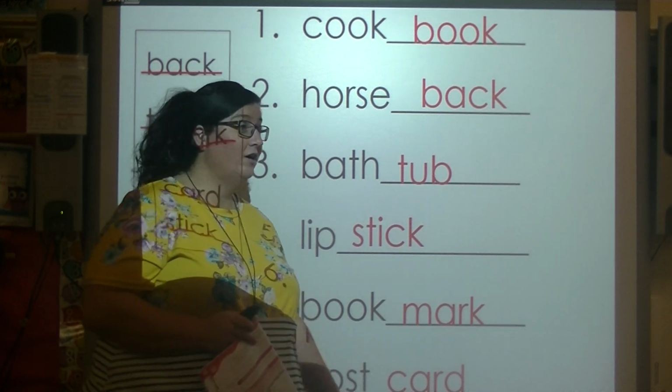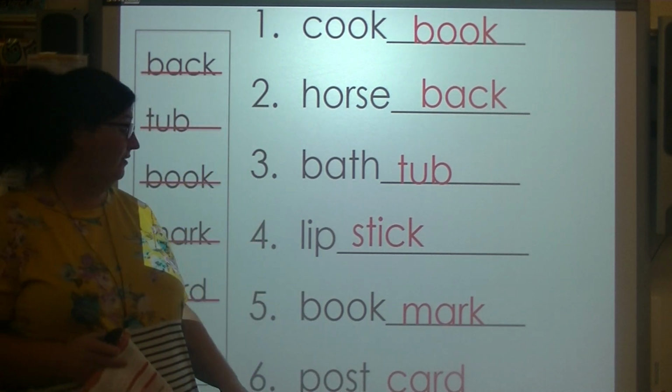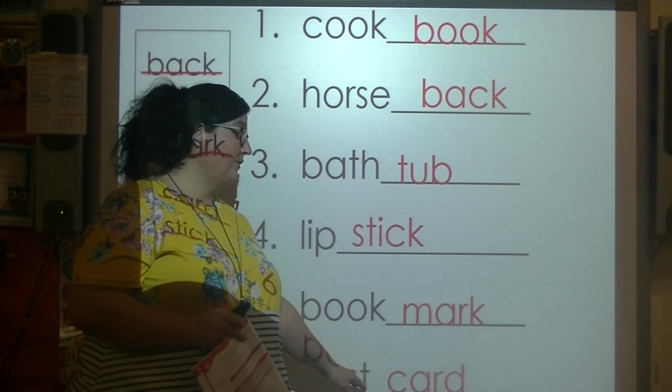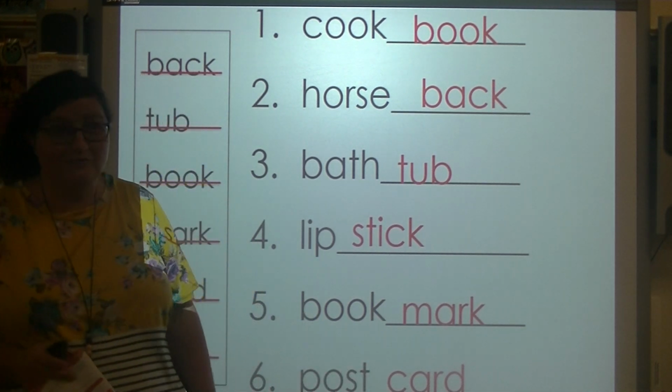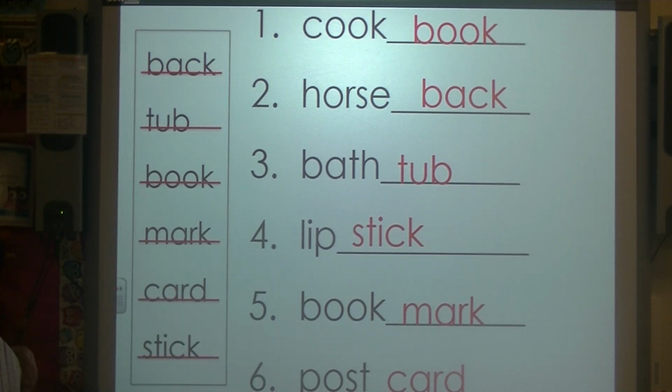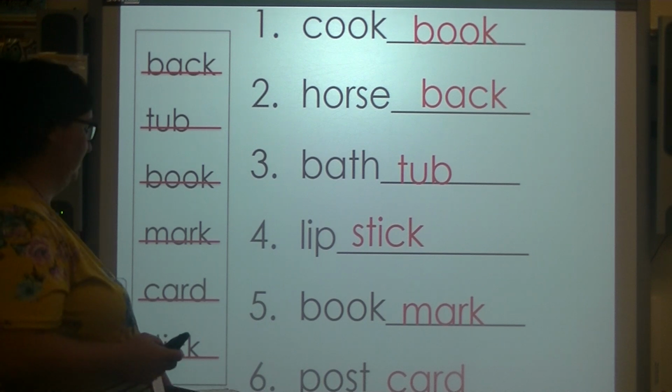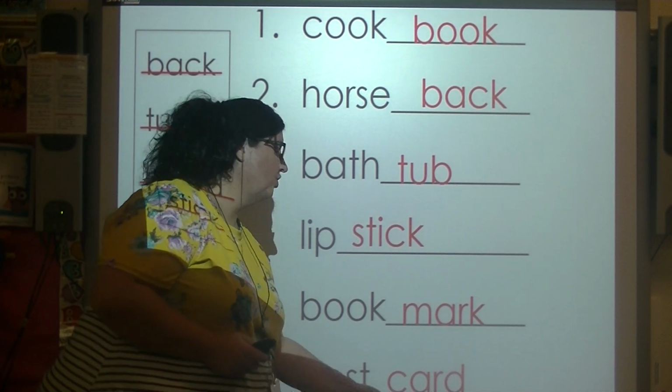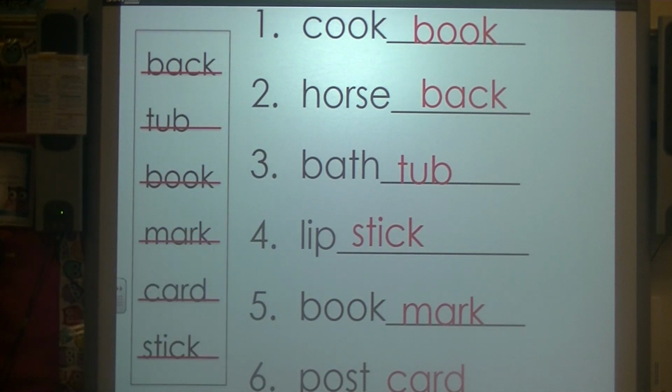So a postcard is like a mail card. Postcard, a mail card. Means the same thing. Okay, while you're putting in card for that last one, I'm going to flip mine to look like yours.